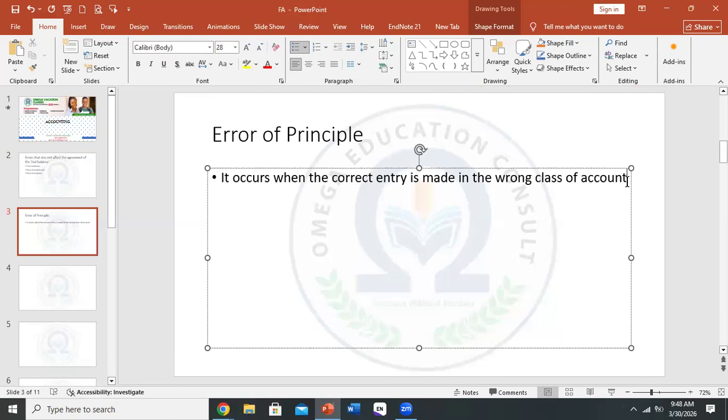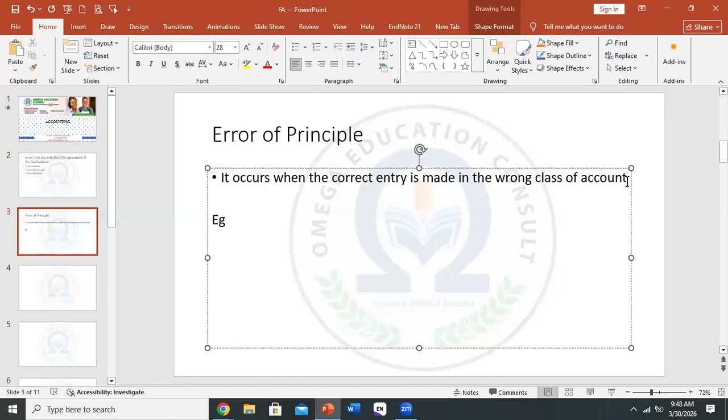Okay, so the example that Austin made, so example is when, for example, you sold an equipment. An equipment is an asset. If you sell an asset, you don't put it in sales account. You sell a fixed asset, you don't put it in a sales account because it is not sale of goods.